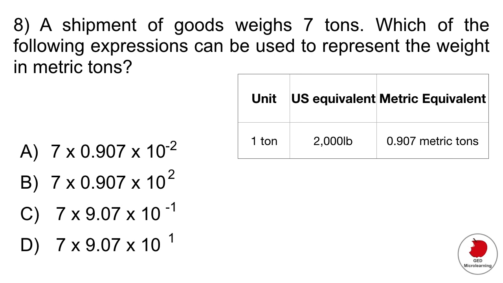And then if you look at the metric system, that is 0.9 metric tons. And essentially, if you look at the answers, it's telling you 7, because we're looking at 7 tons. And it's giving you this amount with scientific notation. So you can see that you have this 10 raised to a different exponent.